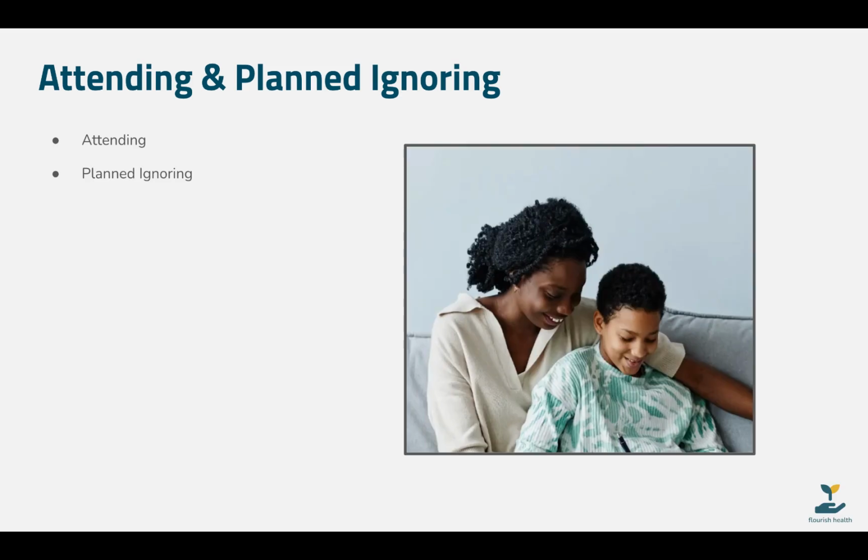For all of our families, we can do attending and planned ignoring. Attending is really when you pay attention to positive behaviors and you choose to ignore negative behaviors as long as they're not safety issues. It's hard to overemphasize what an impact that has on an adolescent or a child, that they're just not getting that attention for negative behaviors.